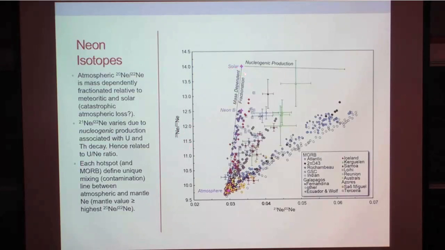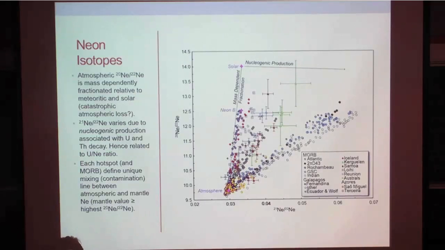The other thing is that neon-21 is produced by reactions initiated by uranium decay, reactions initiated by alpha particles or by neutrons from fission.